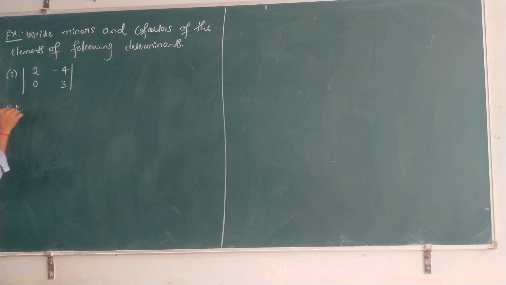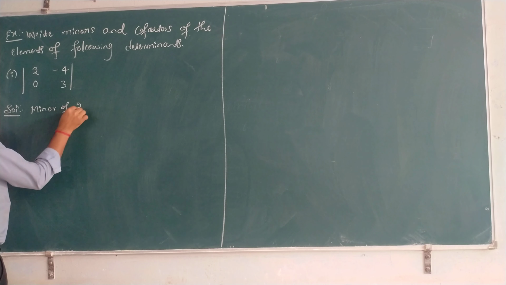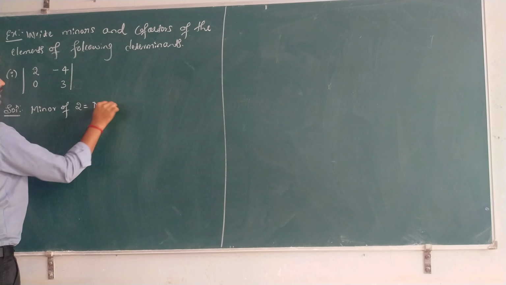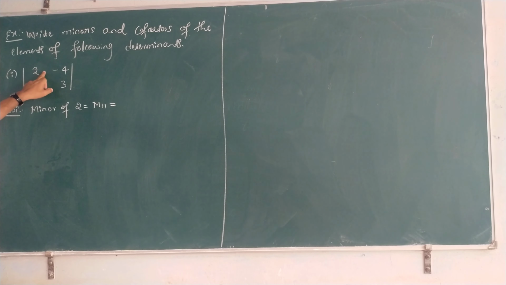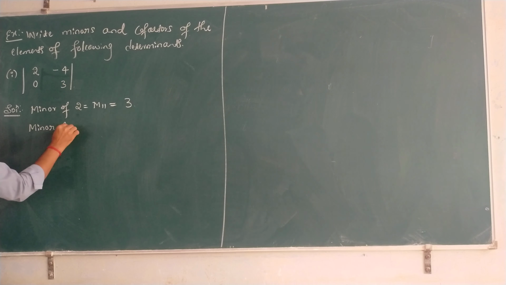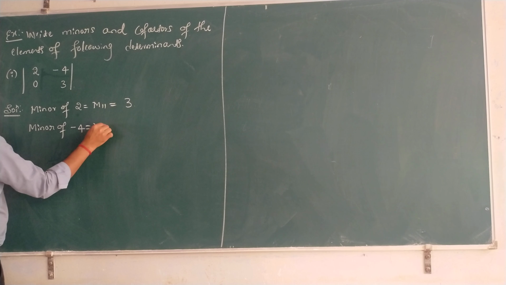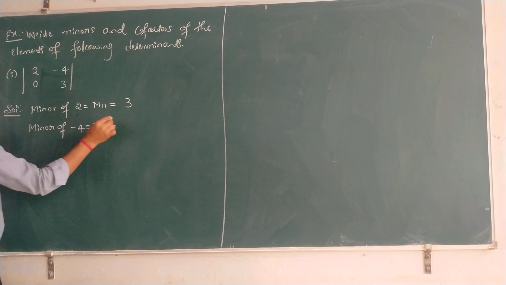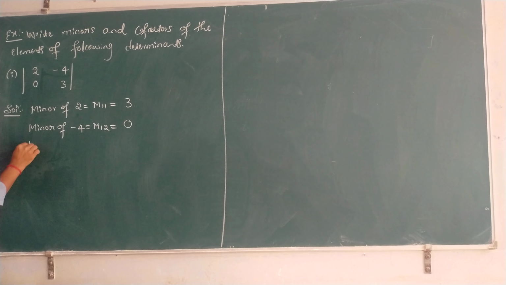Solution. First one, minor of 2, which is m11. Minor of 2 means you have to eliminate this row and this column. The remaining element is 3. After that, minor of minus 4, which is m12, is the opposite value, 0.